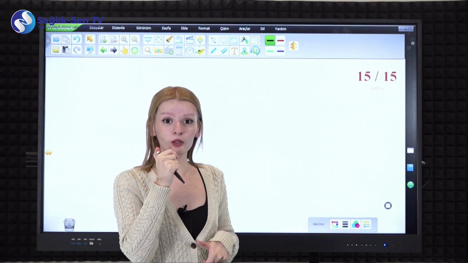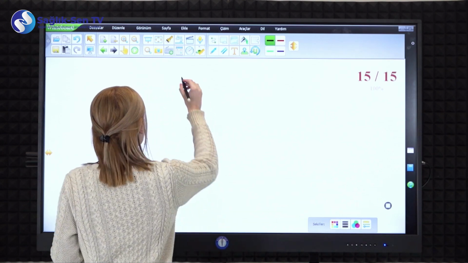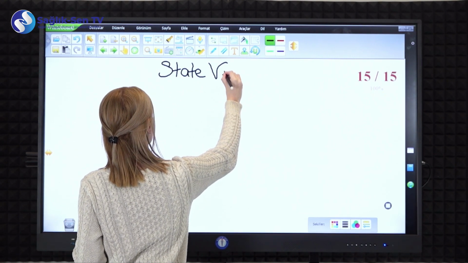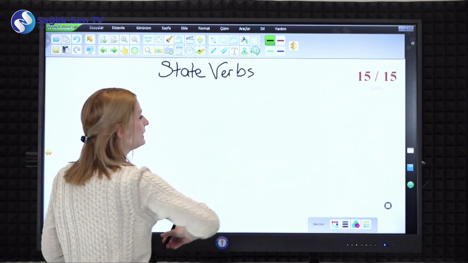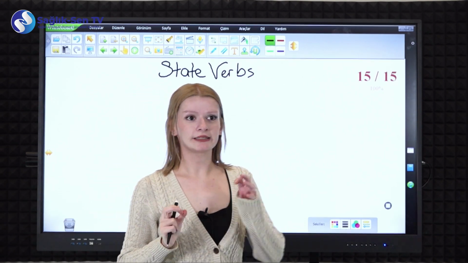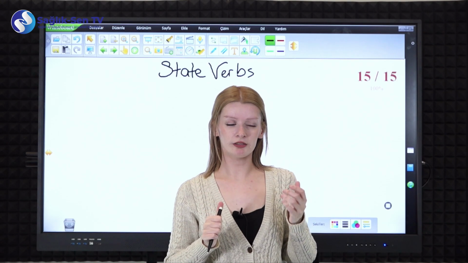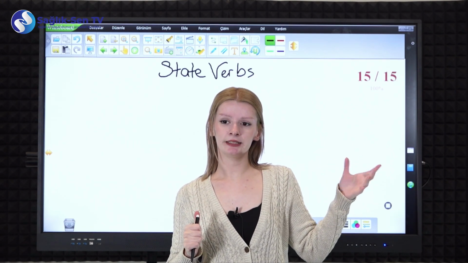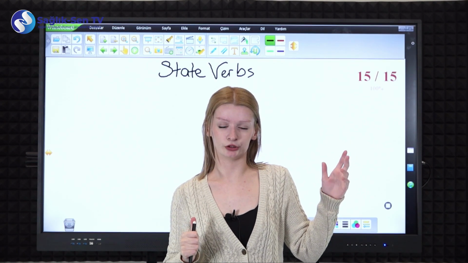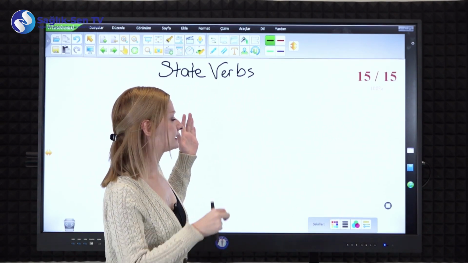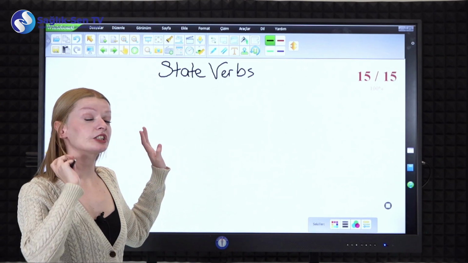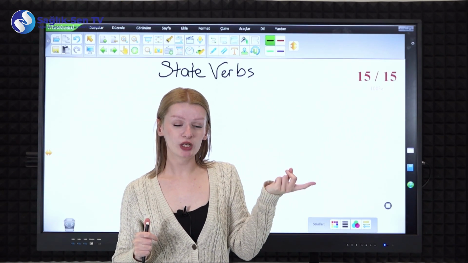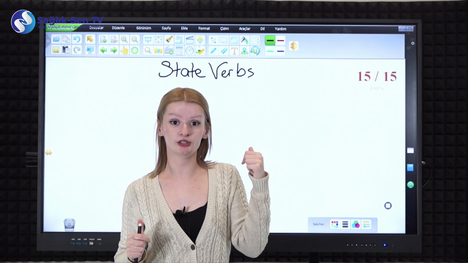And we also have state verbs. This is a perfect definition of differentiating present simple and present continuous. When we see some particular verbs, we can understand which tense I'm going to use with it.